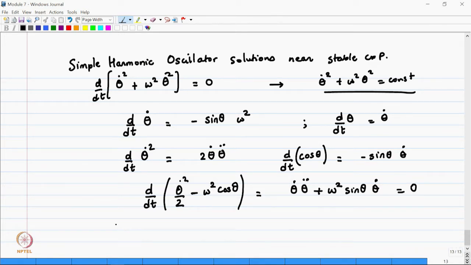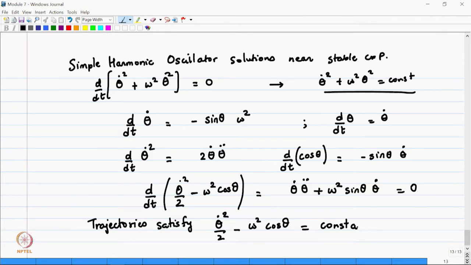So the trajectories satisfy theta dot square by 2 minus omega square cos theta equal to constant, equal to C. Now, C can be either positive or negative.